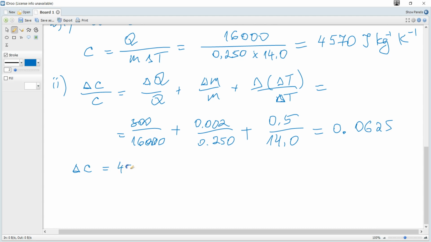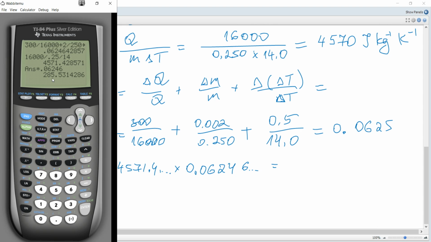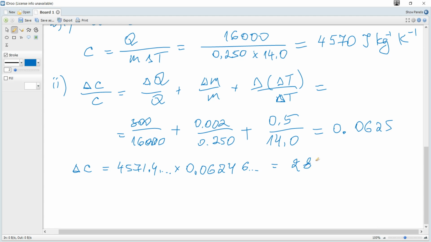It's 4571.4 and so on, multiplied by the relative uncertainty 0.06246 and so on, and we get this. And again, I'll round to 3 significant figures, but you may write it unrounded, it's not crucial here. And absolute has units, so joules per kilogram per Kelvin.